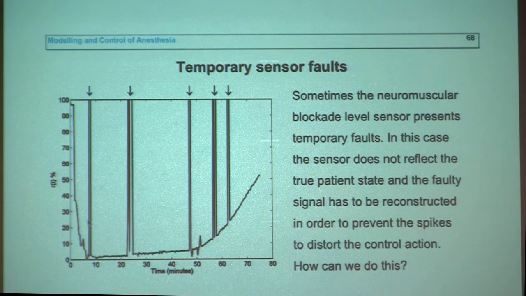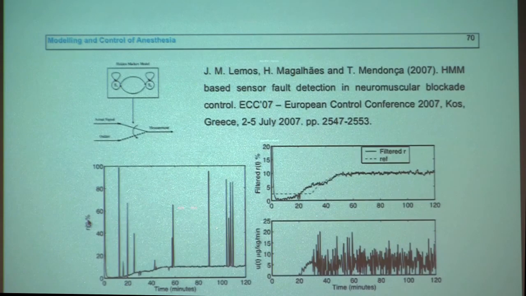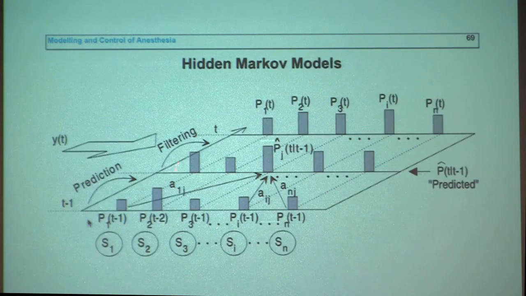That's one way. The other way, if you want to play with Markov models and so on, you can say, well, I have two states for my measurement device. One is a normal one, and the other is a faulty situation. Okay, and from the observations, I infer using an algorithm which is a classical one from telecommunications.